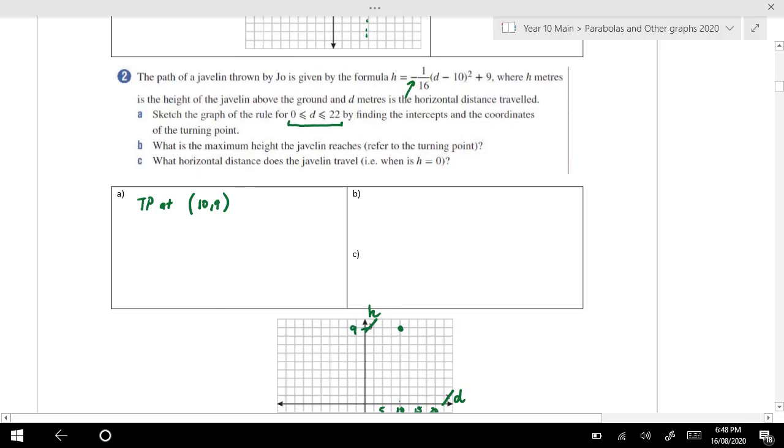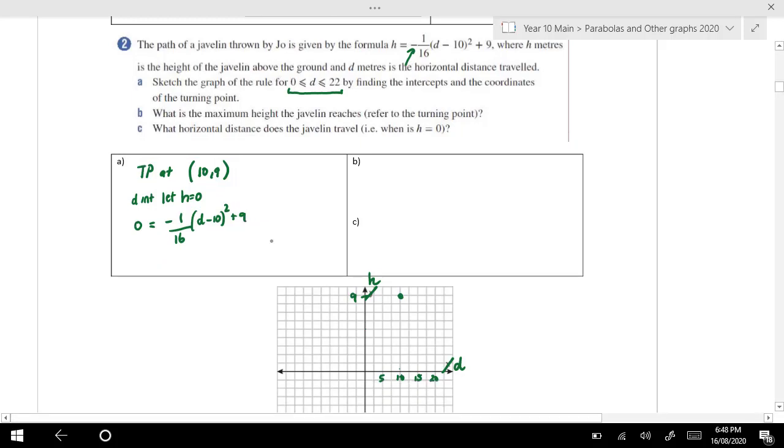Let's find the d-intercepts. So for the d-intercept, we have to let h equal 0. It's the same as what we've been doing. We want to solve this here. Now we want to subtract 9 from both sides.